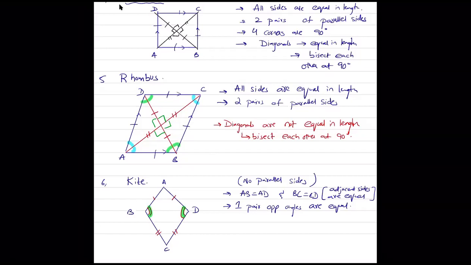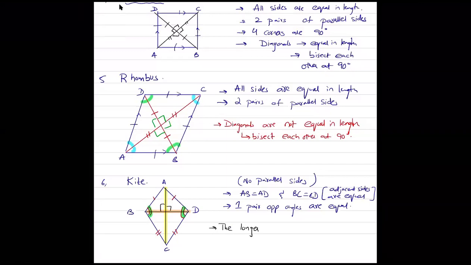अब अगर हम diagonals बनाएं kite के, the diagonals as you can see are not going to be equal in length. So this diagonal is a longer diagonal and this diagonal is a shorter diagonal. The longer diagonal bisects the other diagonal BD at 90 degree, which means that this is going to be 90 degree.